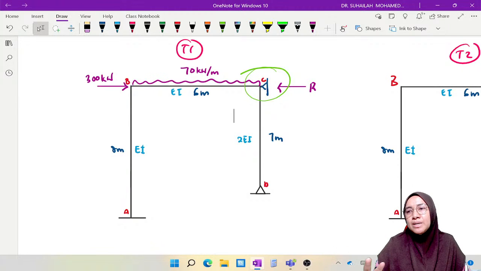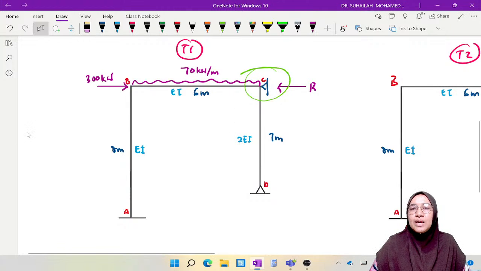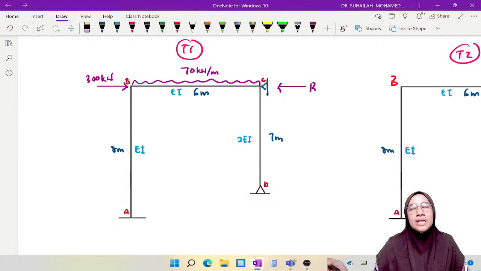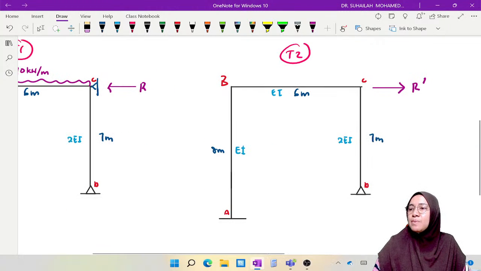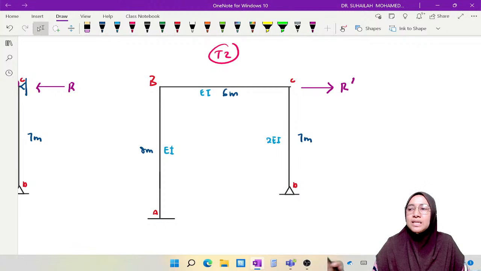So we have two tables. Table number 1, properly restrained frame, where we only calculate FEM due to external loading. And table number 2 is the side sway frame. This is the diagram for table number 2.